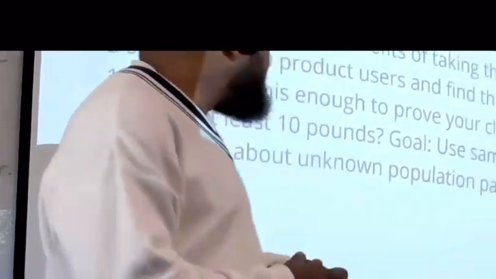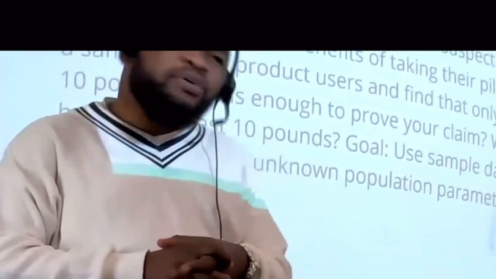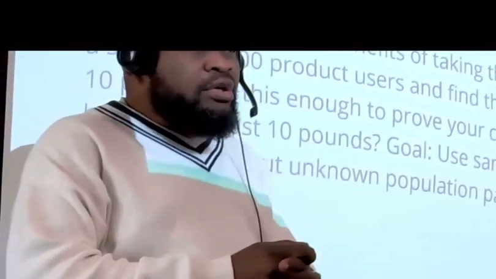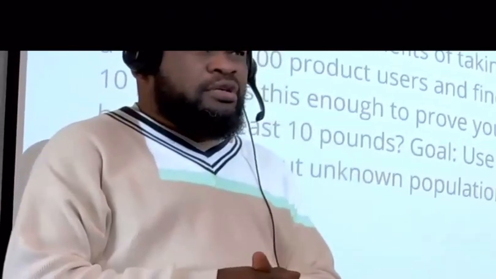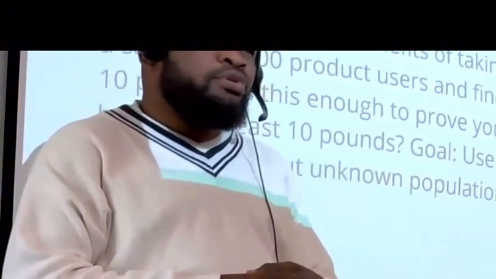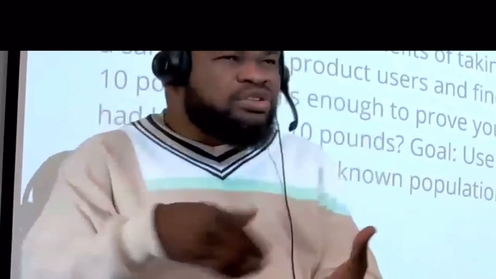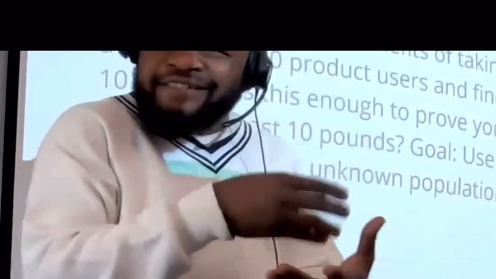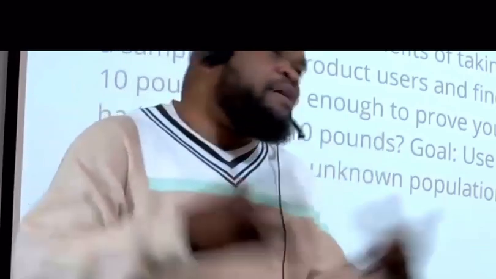Hypothesis formulation is centered around parameters. It does not center around the sample. It centers around the parameter, because it's a hypothetical statement. It's an intelligent guess about what the value of the parameter is going to be.